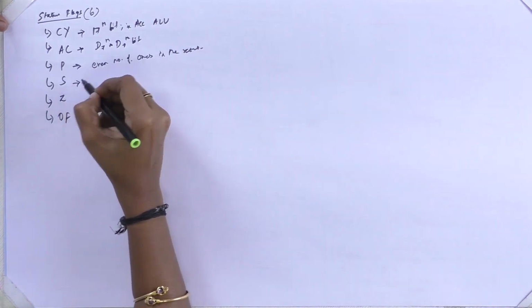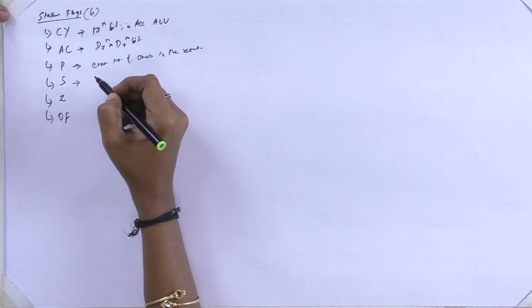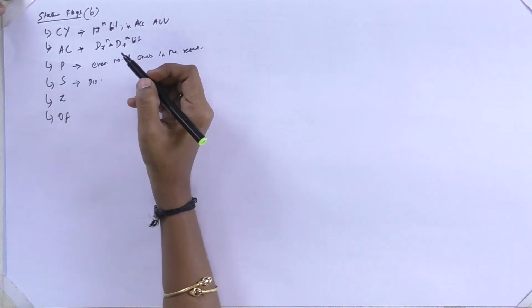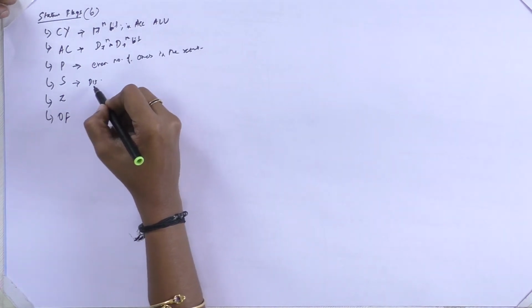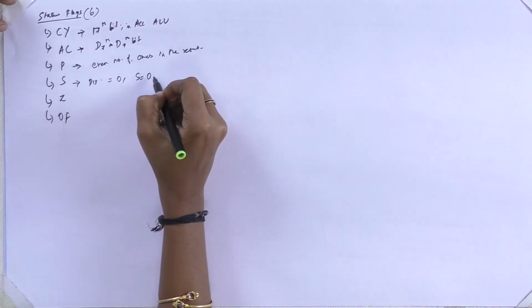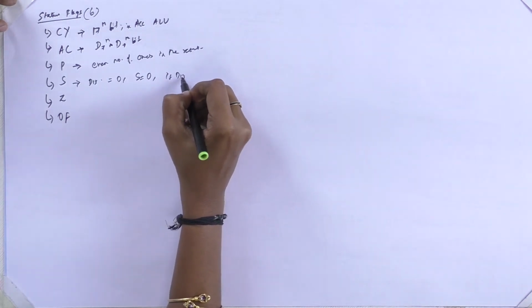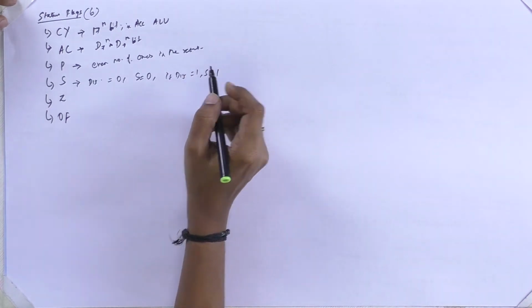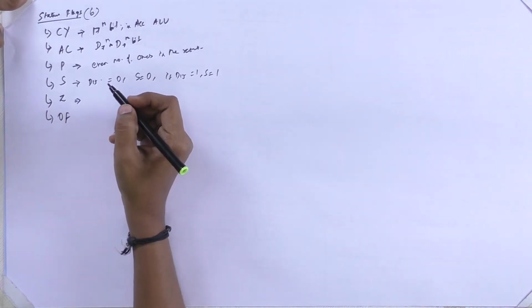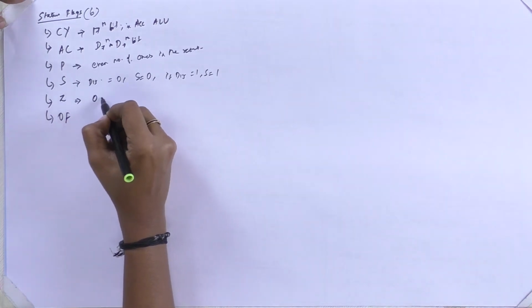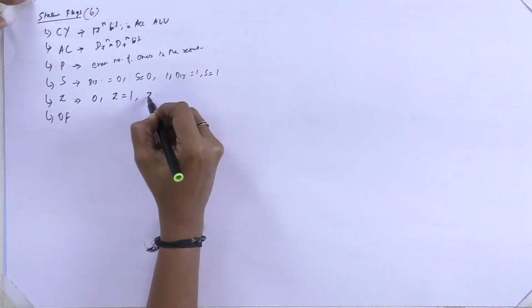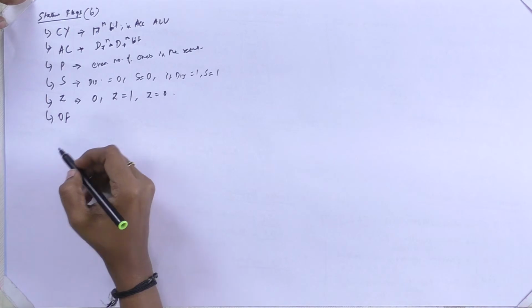The sign flag will be set based on the D 15th bit position. If the D 15th bit is equal to 0, then S is equal to 0. If D 15th bit is equal to 1, then S is equal to 1. Then zero flag: if the result of the entire operation is 0, then the zero flag will be set to 1, else it will be set to 0.